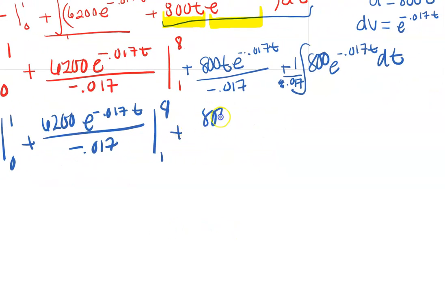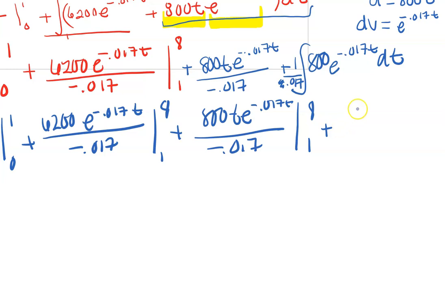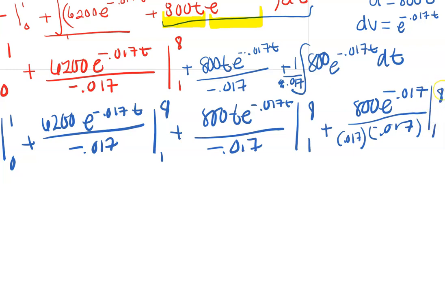We've got this piece here, 800 t e to the negative 0.017 t over negative 0.017. That's integrating from 1 to 8 as well. And then plus 800 e to the negative 0.017 t divided by negative 0.017, and that's just the integral. And we already have a 0.017 here from the u dv, and it's integrated from 1 to 8.